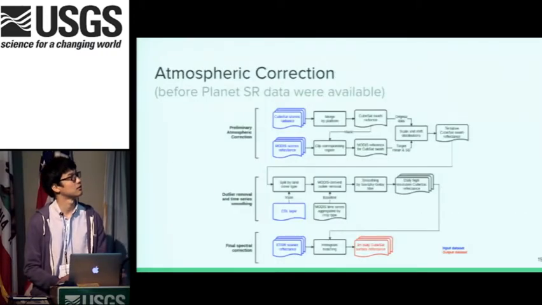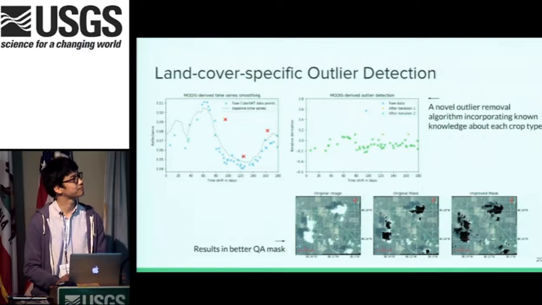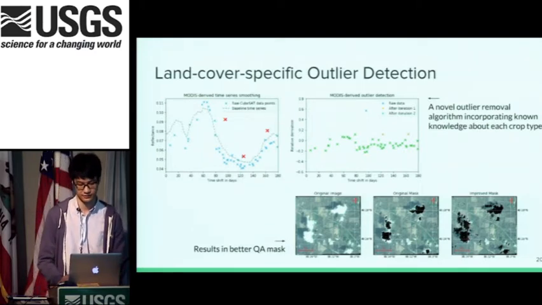We even developed our own atmospheric correction algorithm that is purely based on inferring distribution from external data sources, and that was before the surface reflectance product from Planet was released. And because we are using Planet data for a very specific application, for now our lab is primarily studying corn and soybean because we're in Illinois.